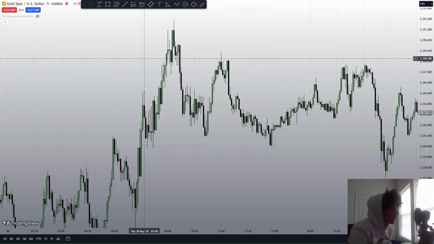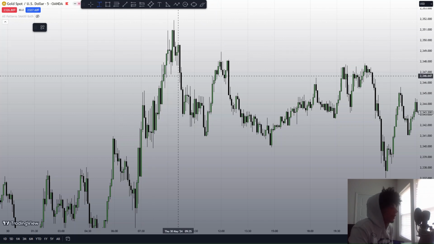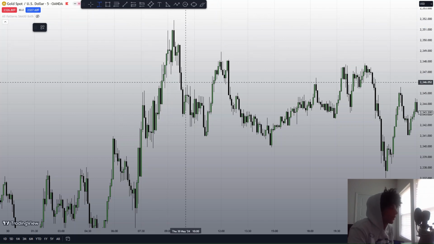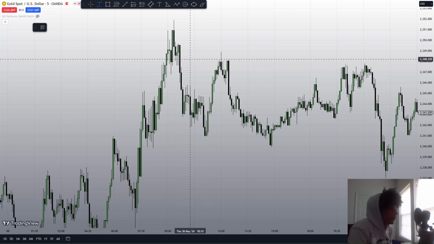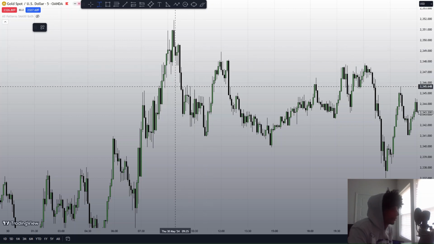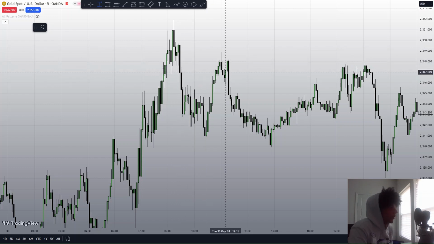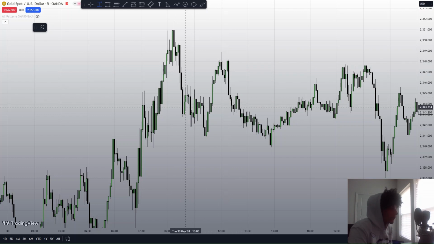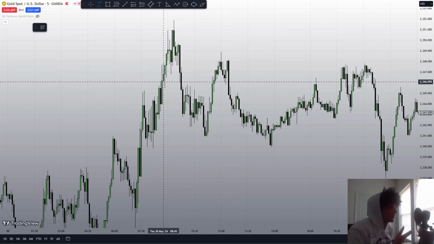Supply and demand are key areas that are placed around big impulsive candles. Big impulsive candles are like this big bearish candle or this big bearish candle. Those are big, gigantic moves, and they usually also cause imbalance, which leaves things called fair value gaps.